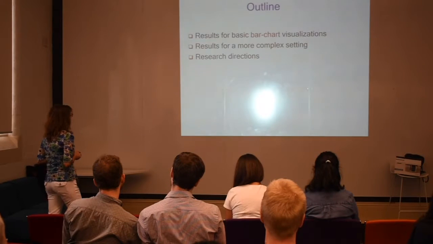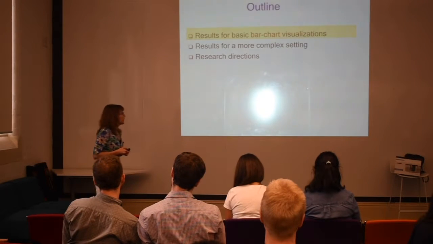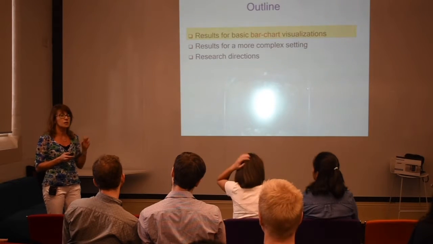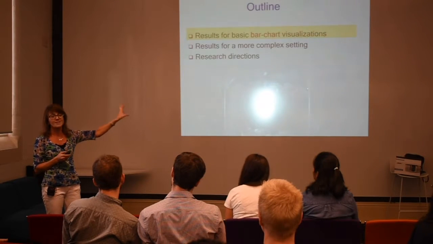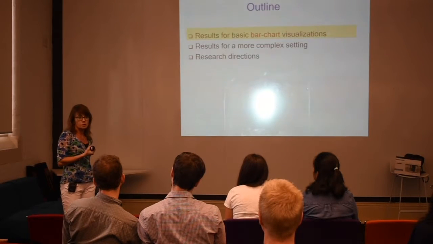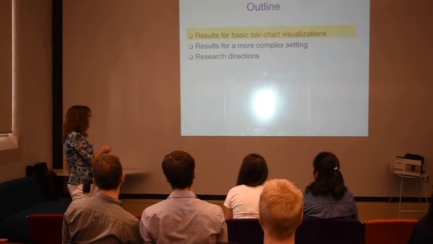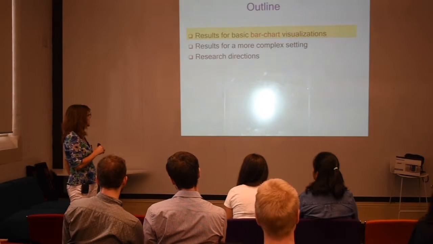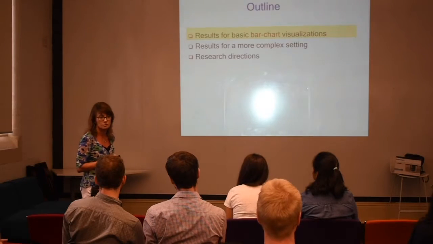So we'll just skip this for now. What I will do now for the rest of the talk, I will first show you some results that we obtained applying these three steps to visualizations that are based on bar charts. Then I'll look at another example with a more complex setting and visualizations, and then I'll discuss some research directions, okay?